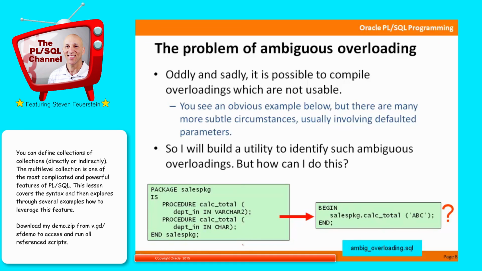So anyway, I decided that this is a big problem and I want to help you. And I decided to build a utility that would automatically scan your package specification and identify ambiguous overloadings or the potential for them. Now, how can I do this?